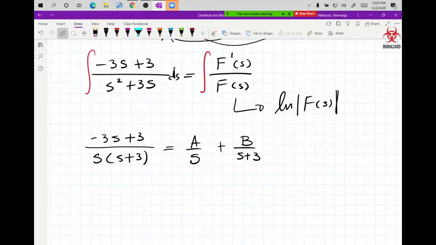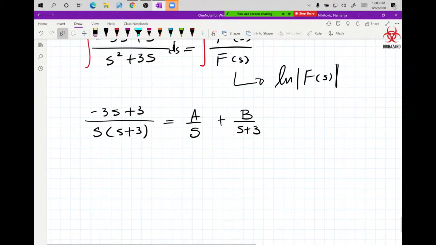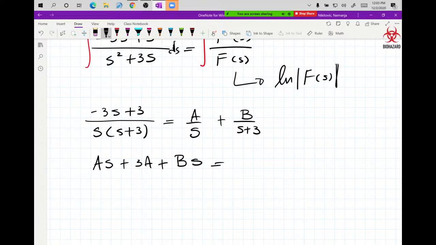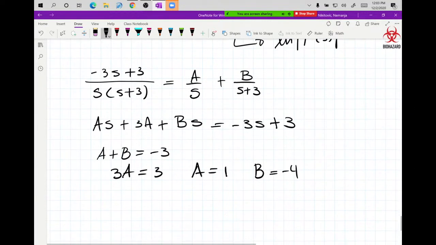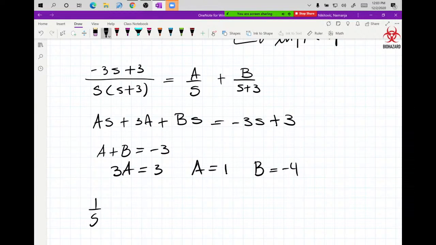I think you are picking up in my voice that I really don't want to do it, but I'm still doing it. As plus 3A plus Bs is equal to negative 3s plus 3. So your A plus B is equal to negative 3, and your 3A is equal to 3. So A is 1, and B is negative 4. So you have your 1 over s minus 4 over s plus 3 is equal to ln of f of s.